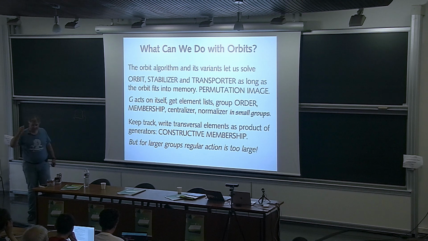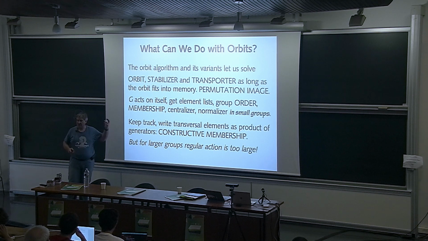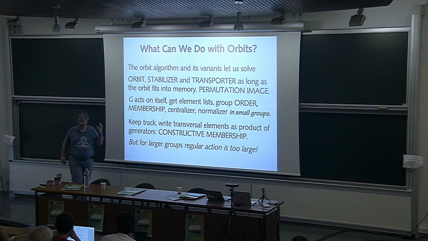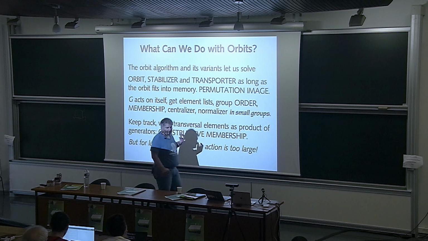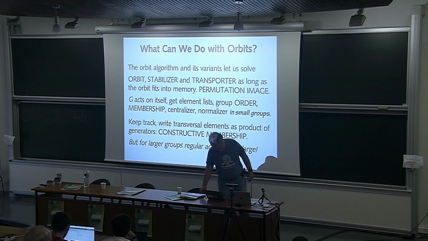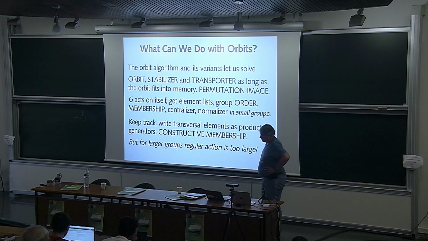So if a group acts on itself by right multiplication, I actually can trace through the transversal how an element was obtained as a product of generators. That's what I call constructive membership. By that I mean not just testing whether an element is in the group, but if it is in the group, to write out how it is written as a product of generators.